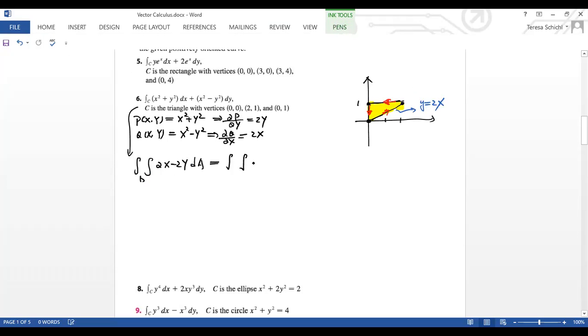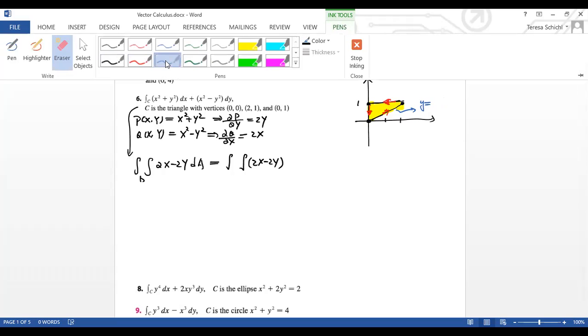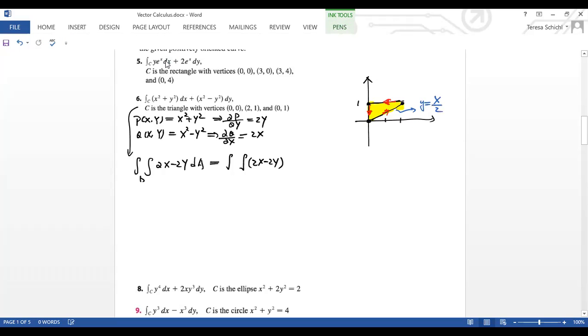You say, okay, I'm integrating. You can do the dx first or the dy first. Oh, sorry, this is not y equal to 2x, it's y equal to what? x over 2, that's right, I need to be careful.